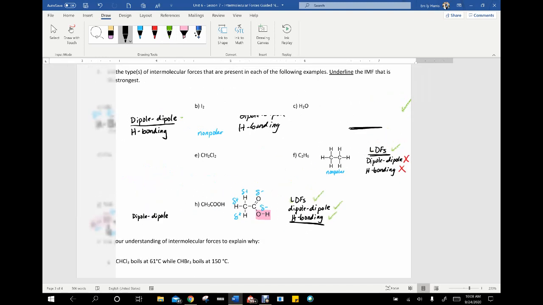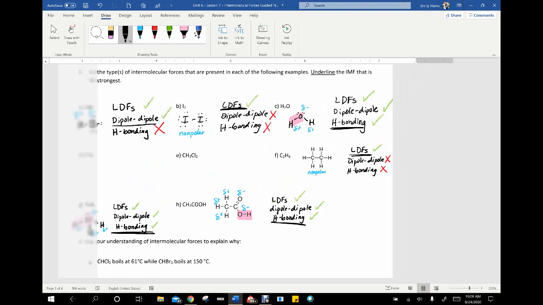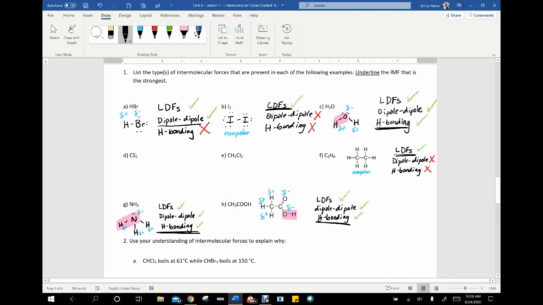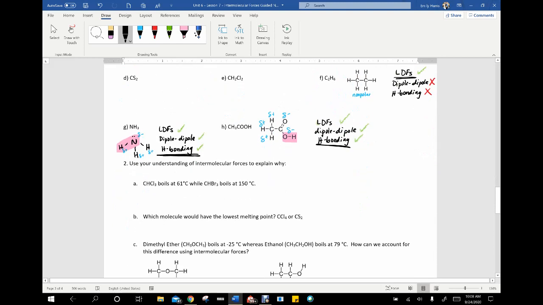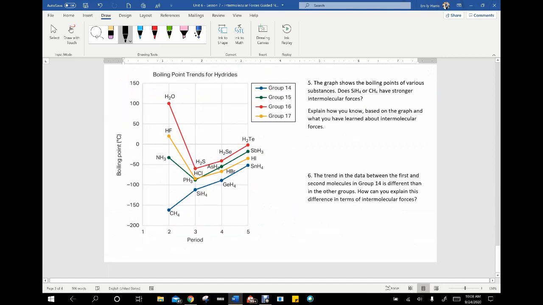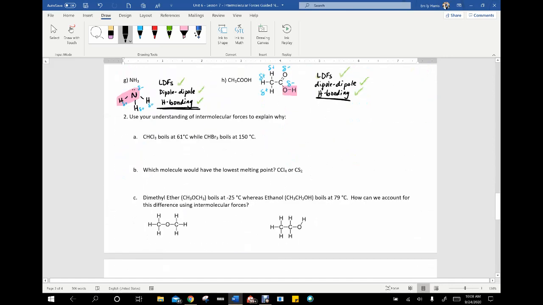So in this first section, we were just practicing identifying the basic types of IMFs present within a given sample of molecules. So now we're going to start using our understanding to explain some differences in phase changes.